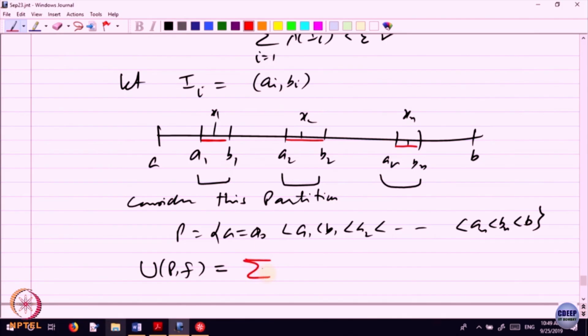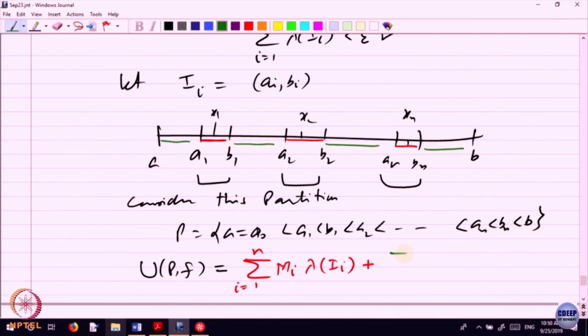One part is with respect to these ai, bi's. So, let me call it the maximum value in ai, bi, times the length, which is the length of Ii, for i equal to 1 to n, plus the other parts. So, these intervals.